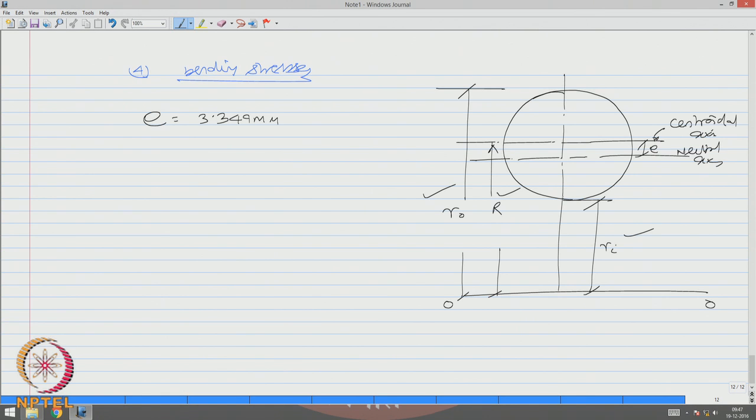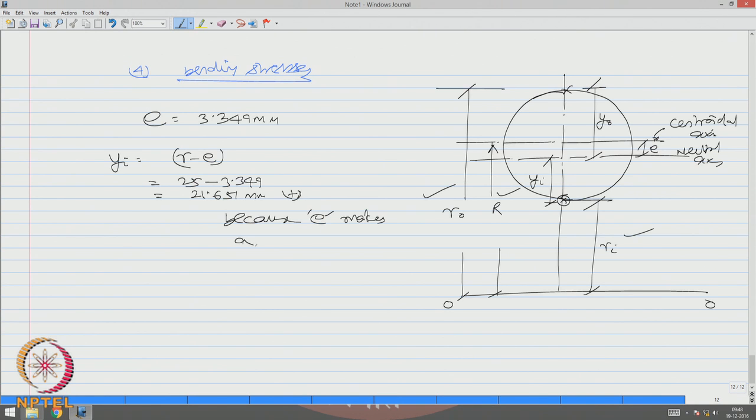So, what I want to know is the distance of the extreme inner fiber and the distance of the extreme outer fiber from the neutral axis to compute the bending stresses. So, I should say y i is R minus e, which is straight away 25 minus 3.349, which is 21.651 millimeter, positive because e makes a shift towards the center of curvature.